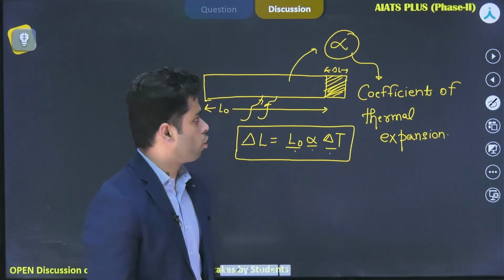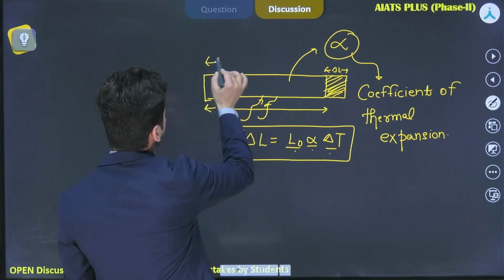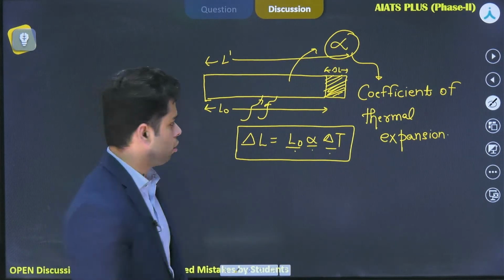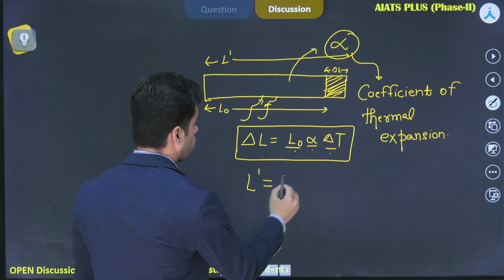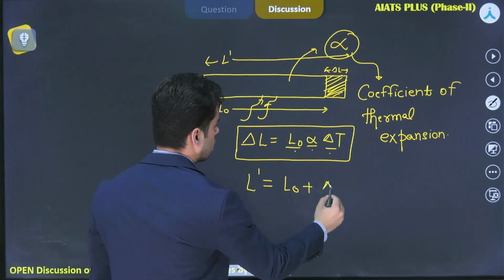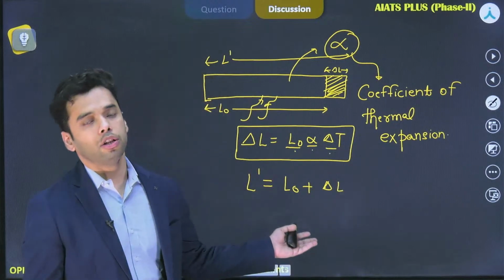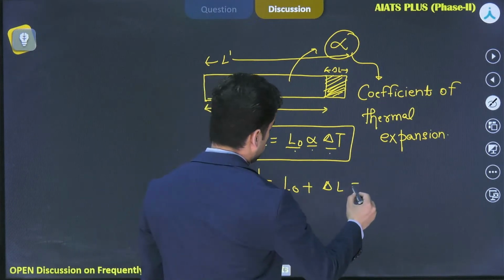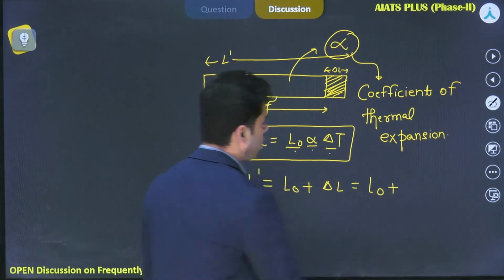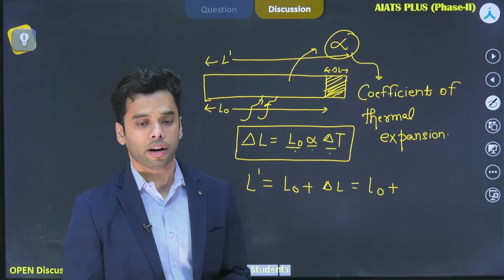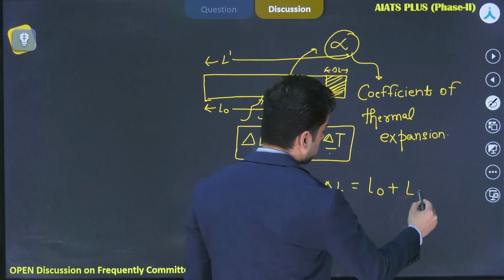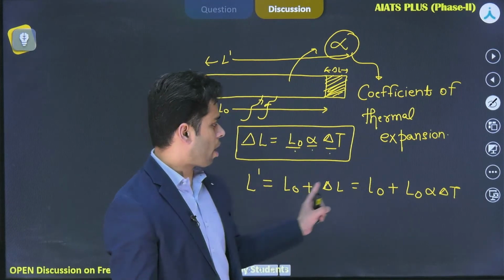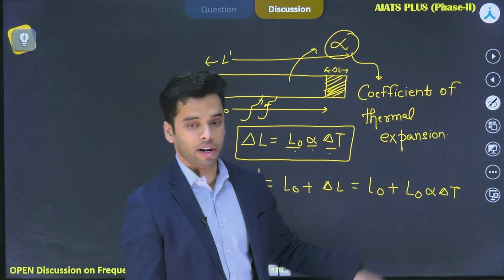So what should be the new length of the rod, this L prime? New length of the rod L prime should be equal to L0 plus delta L, right? This should be the new length of the rod after it expanded through a certain part. So this could be written as L0, and in place of delta L, I can write L0 alpha delta T. So L prime is L0 plus L0 alpha delta T, right?